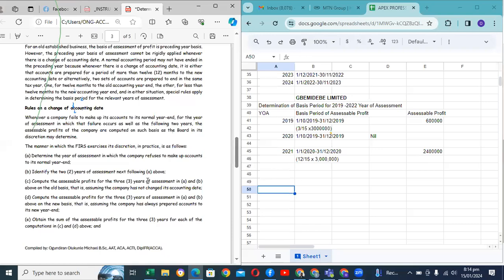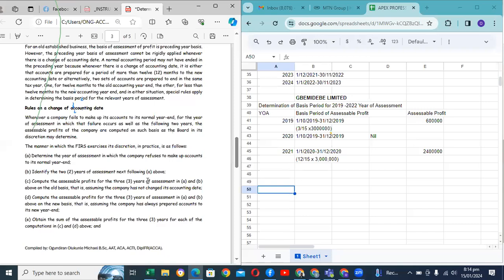So the third thing you do is compute the 3 years using the old date. Don't worry if you don't understand what I'm talking about; you will understand it by the time we go to it. The fifth thing you do is compute the 3 years using the new date.